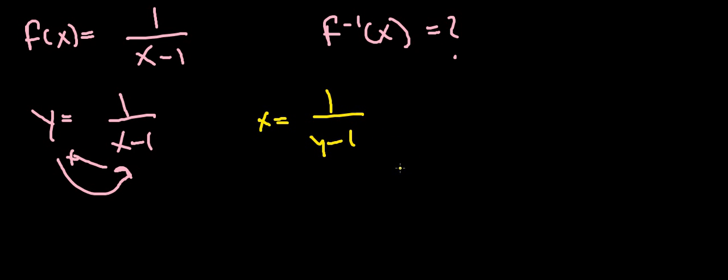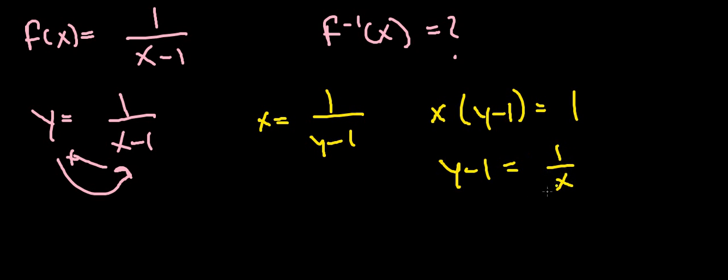Now in order to get y by itself, we're going to have to multiply y minus 1 over to this side, and then divide x over to the other side, and then add 1. So our first step is multiplying y minus 1 over to the other side. And next we divide out x. Y minus 1 is equal to 1 over x, and then we add 1. Y is equal to 1 over x plus 1. And this is the inverse function.